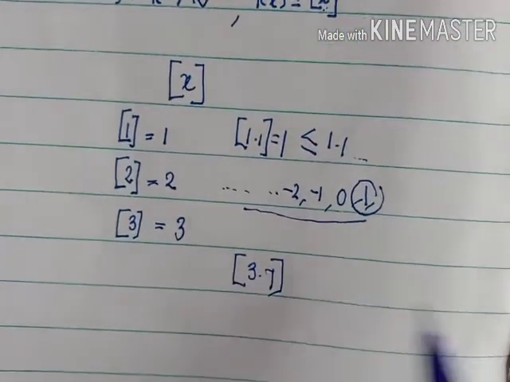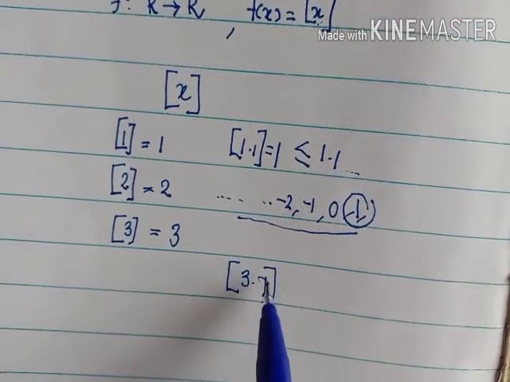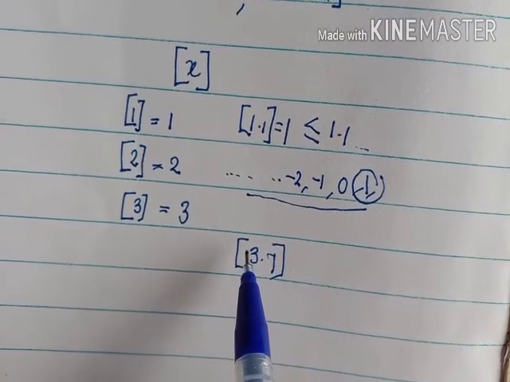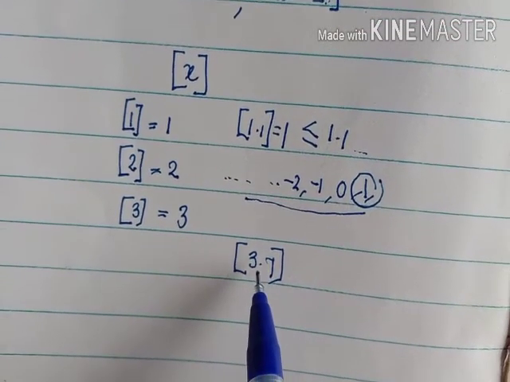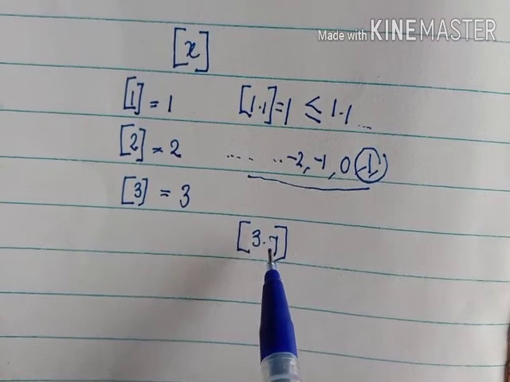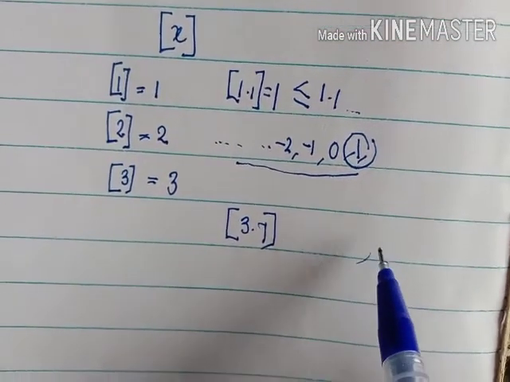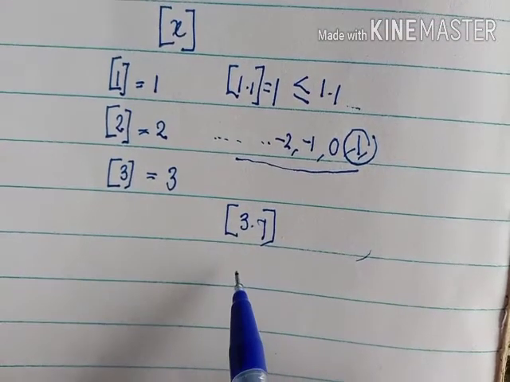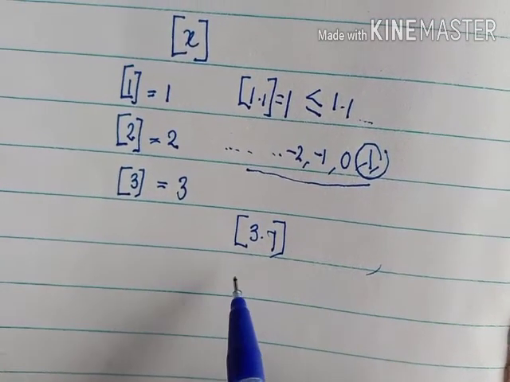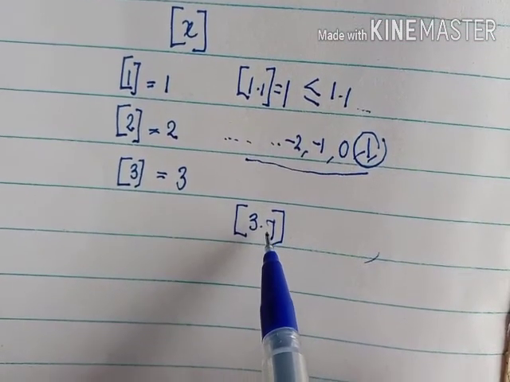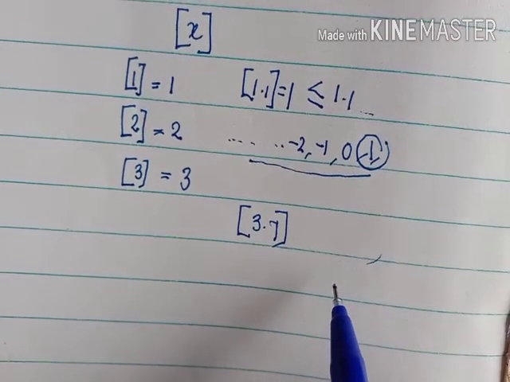By your definition, greatest integer of 3.7 means the value of the greatest integer less than or equal to 3.7. So we have to list out the integers less than or equal to 3.7.